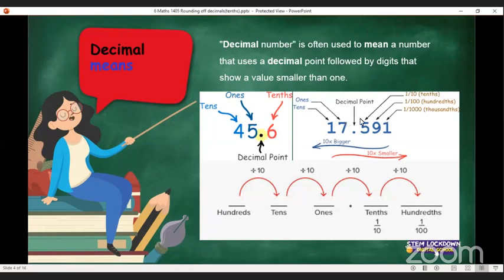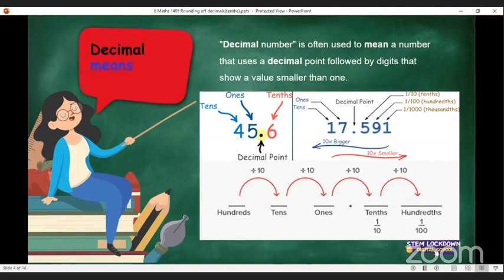Also, if you're looking on this side, we have 17.591. You have here 1 representing the tens, which is 10, and 7 the ones, which is the units, which is less than 10.